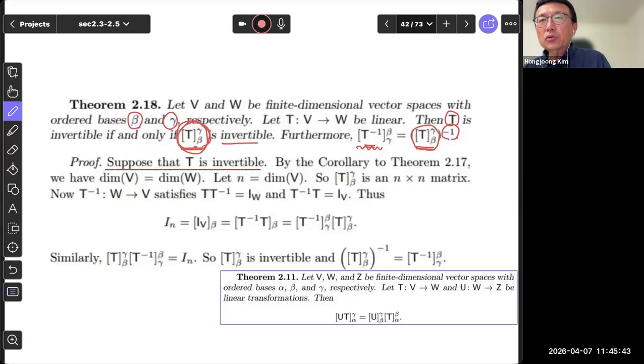We didn't study how to get this inverse matrix yet, but okay, so this matrix comes from the matrix of T. So let me continue next time. Okay, thank you for listening and see you next time.